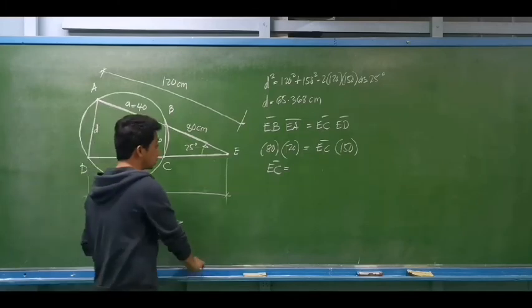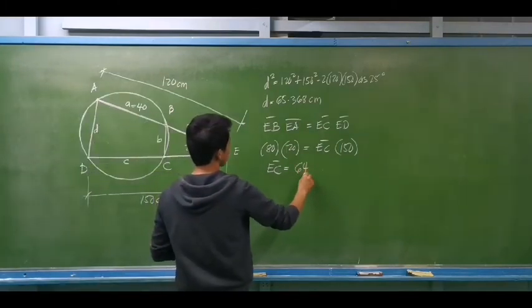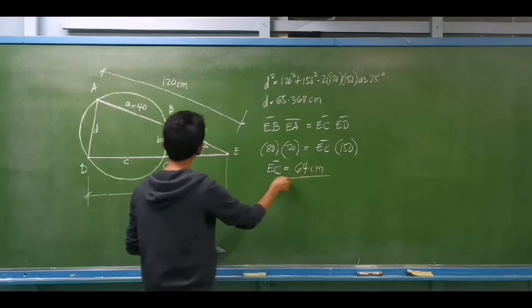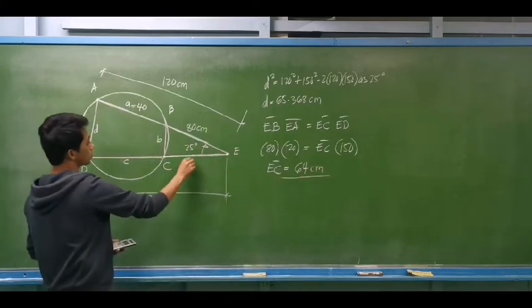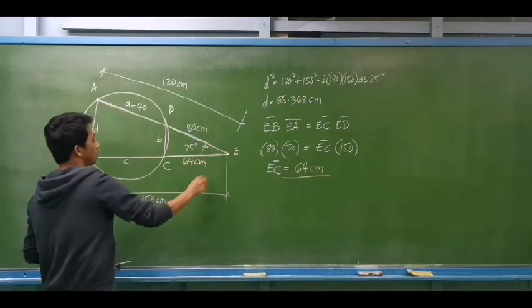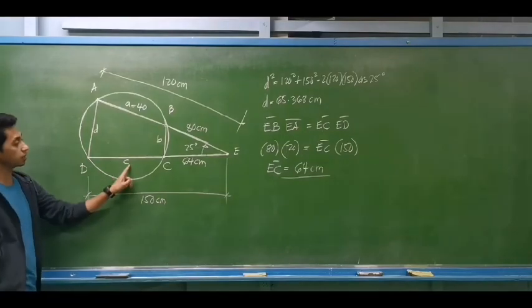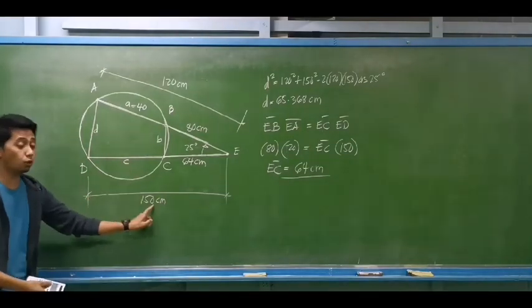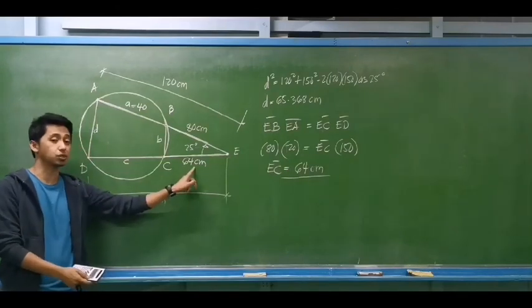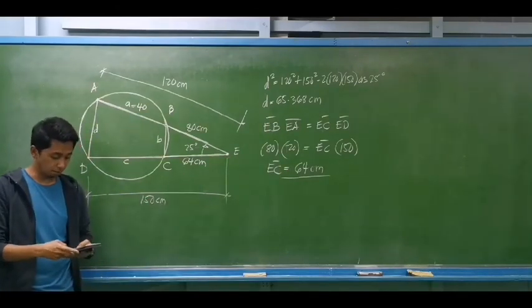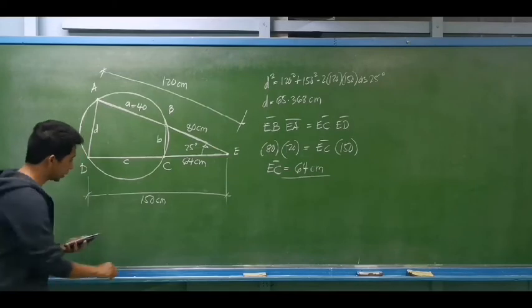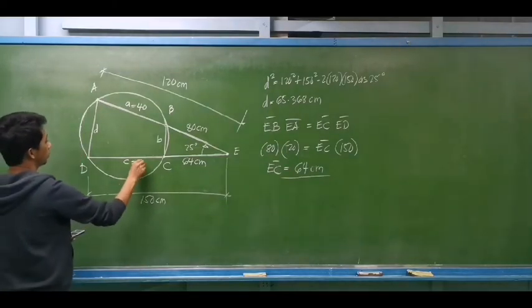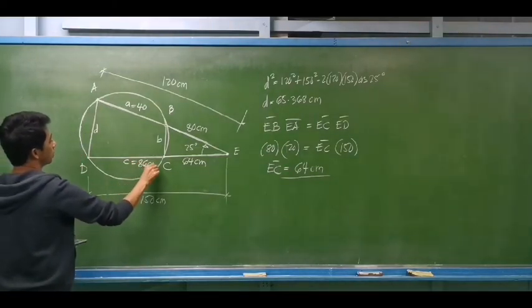So yung lumabas dito is equal to 64 centimeters. Kung 64 cm yan, makuha naman natin yung side C. So yung side C is basically 150 minus 64, so side C is equal to 86 cm.